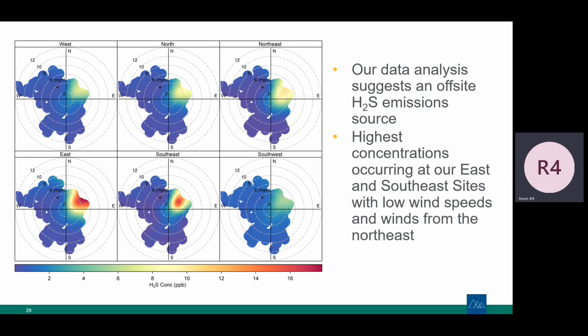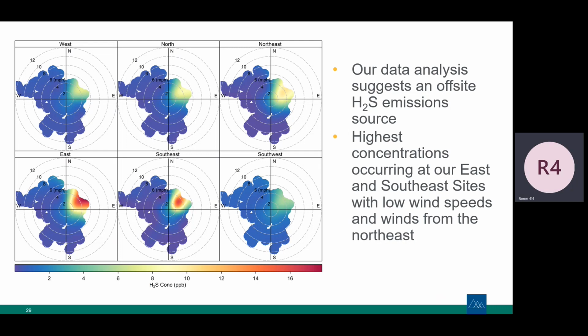The next morning, after we had enough data, we ran an analysis looking at the relationship between concentration and wind direction. I've shown some slides that talk about that already. This is another way of looking at it. OpenAir has a software package in R that you can use.